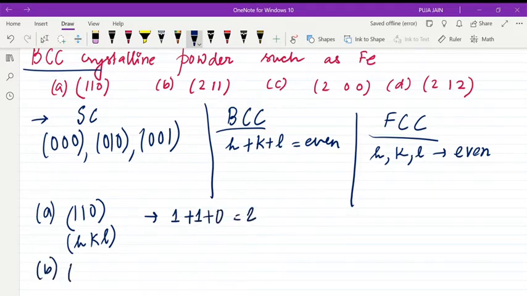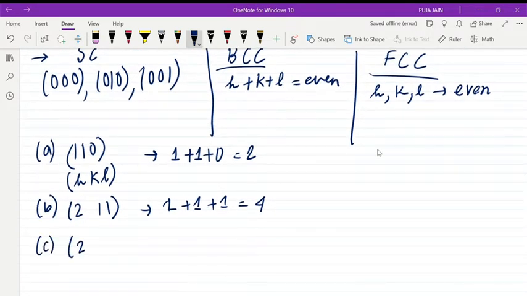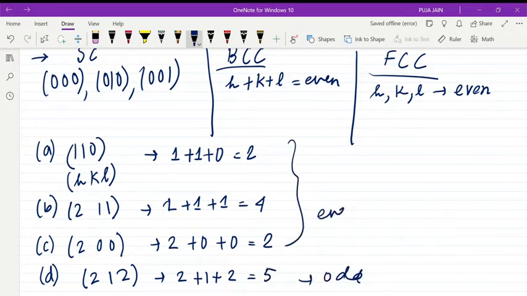Option B, 2, 1, 1: we are getting 2 plus 1 plus 1, that is equals to 4, that is even. Option C, 2, 0, 0: that is 2 plus 0 plus 0, that is 2, that is even. And option D, 2, 1, 2: that is 2 plus 1 plus 2, that is 5, that is odd. And the rest, these 3, are even, so these 3 are allowed.